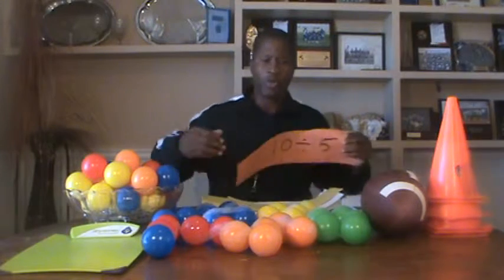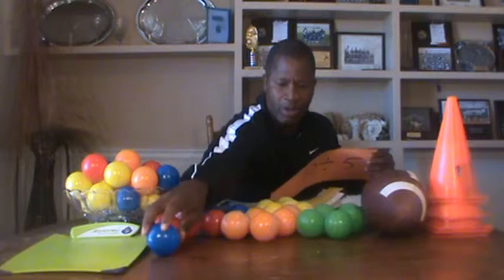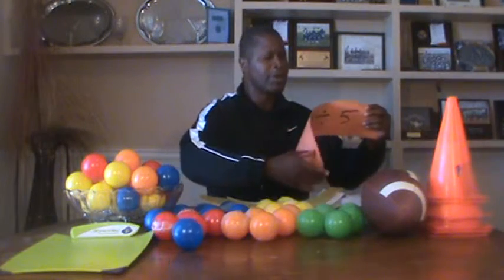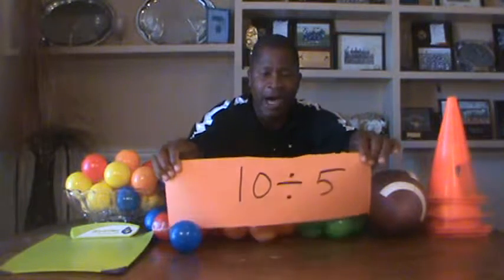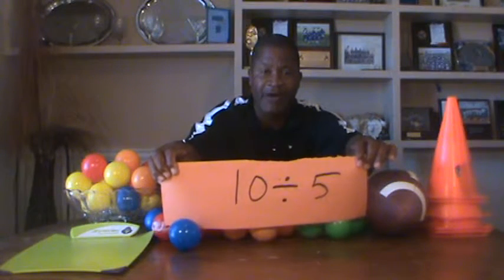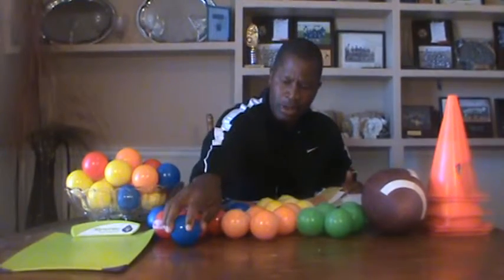Now, we're going to go with a much smaller number this time. Now we have 10 divided by 5. How many times does 5 go into 10? Okay, I'll simply count 10 balls.